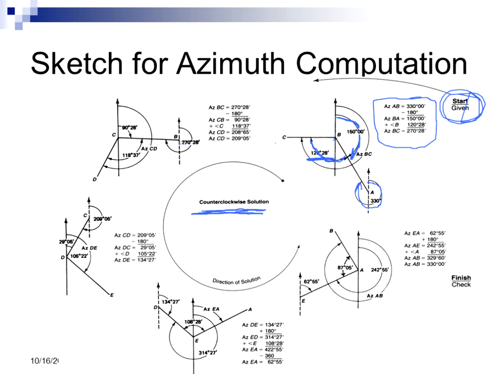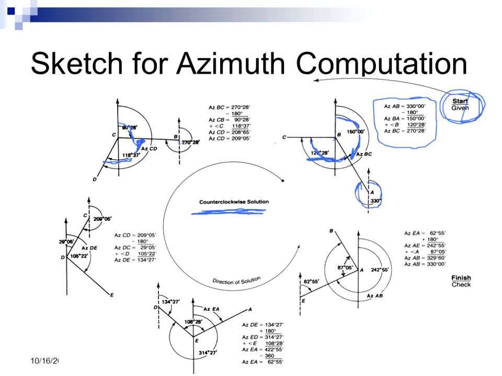Now we would move to the next diagram. So now we know the azimuth of B to C is 270.28. We just calculated that. We now need our reverse azimuth of C to B. So again, we're going to subtract 180 degrees, giving us our azimuth of C to B of 90 degrees and 28 minutes.